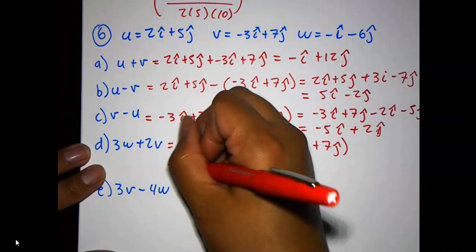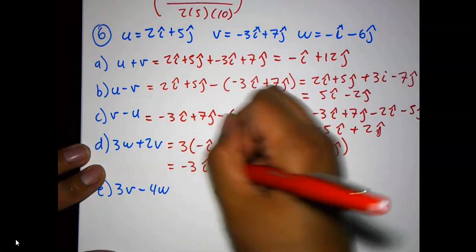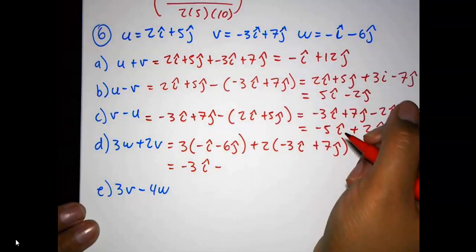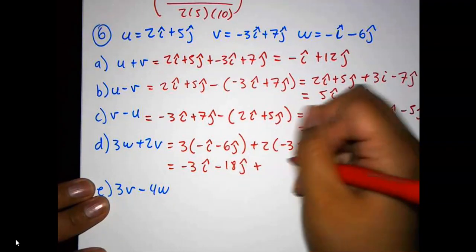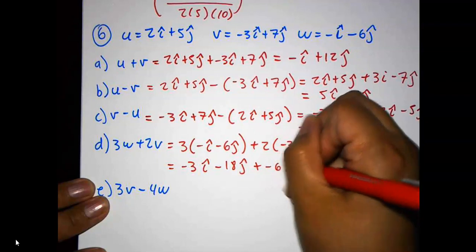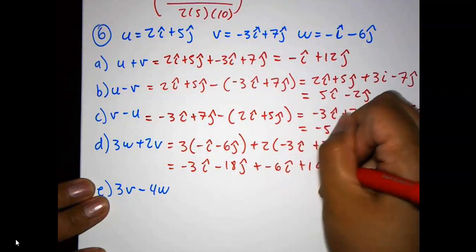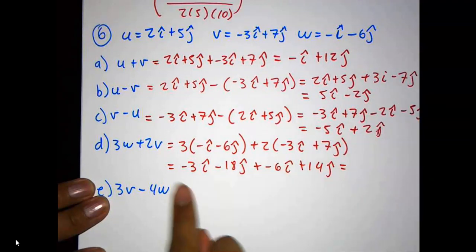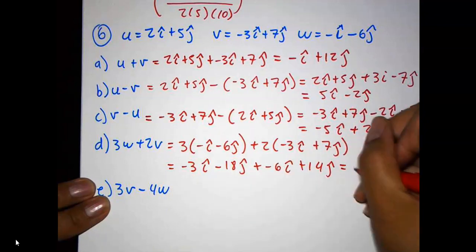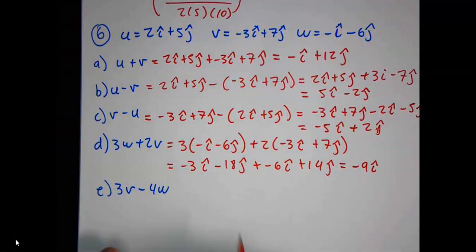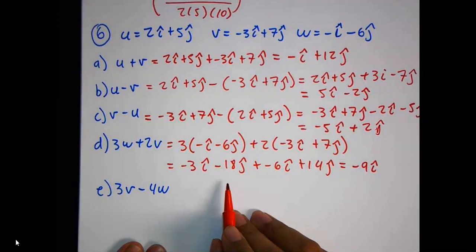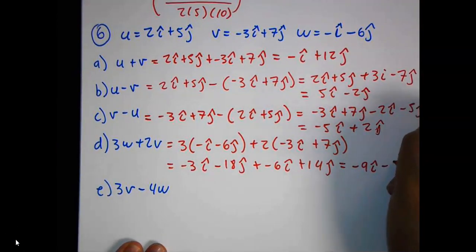So it's going to become negative 3i minus 18j plus, well, negative 6i plus 14j. So negative 3, negative 6 will be negative 9i. And then negative 18j plus 14j gives negative 4j.